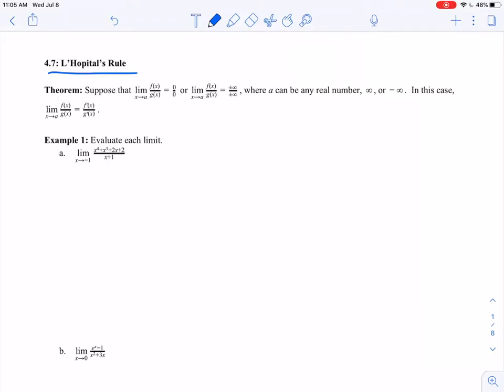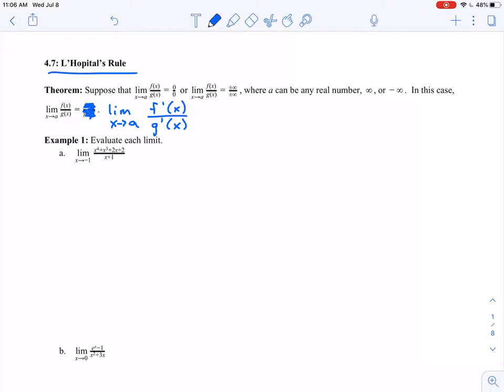In this case, the limit as x approaches a of f of x divided by g of x, we can rewrite this as f prime of x divided by g prime of x. Actually, whoops, I have a mistake here. This should really say the limit as x approaches a of f prime of x divided by g prime of x.